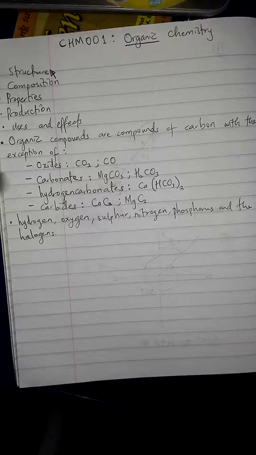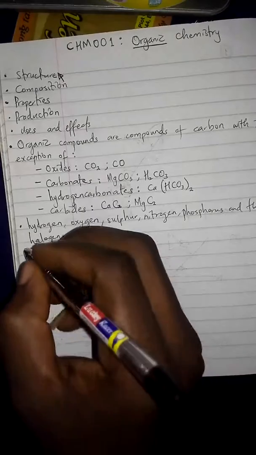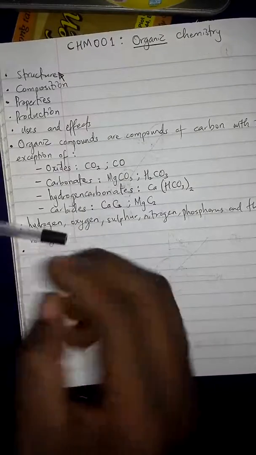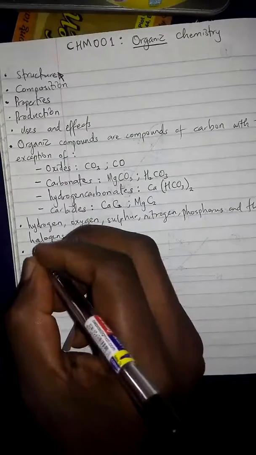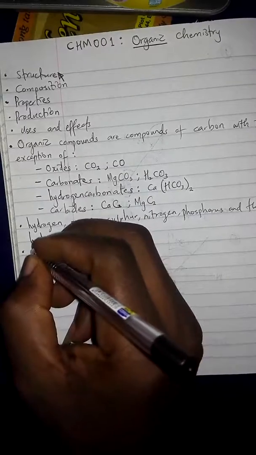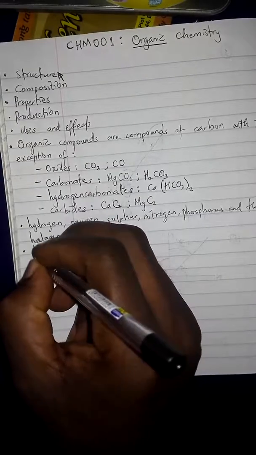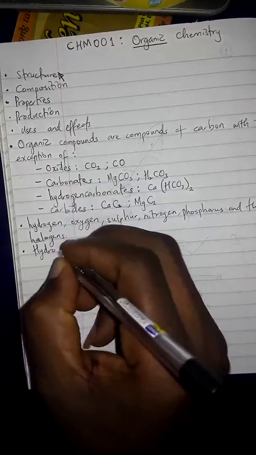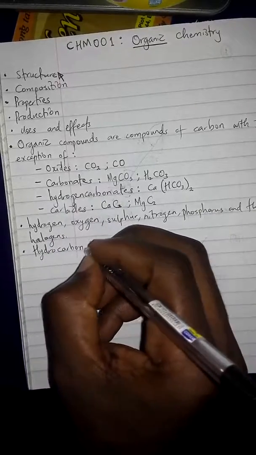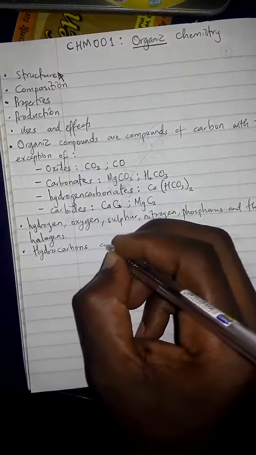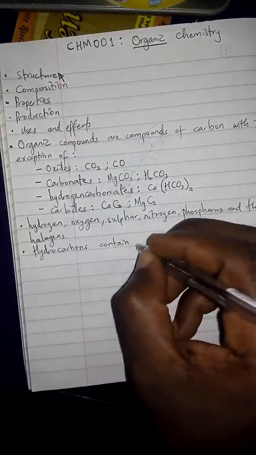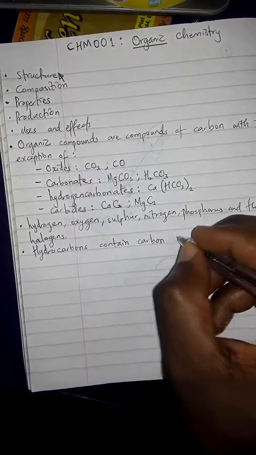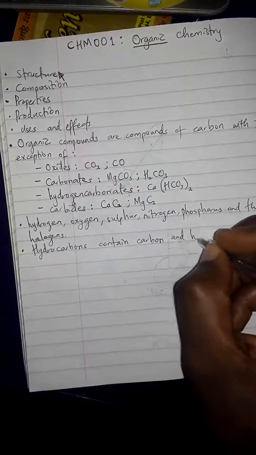It should be noted that organic compounds that contain carbon and hydrogen only are specially called hydrocarbons. So when you hear hydrocarbon, it means it contains carbon and hydrogen only.